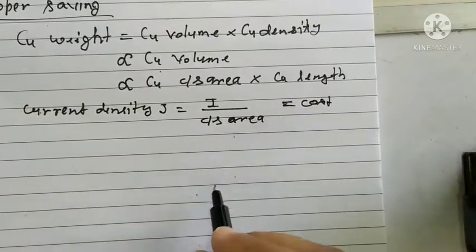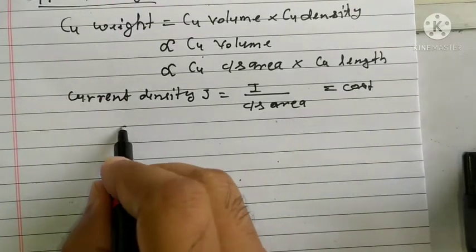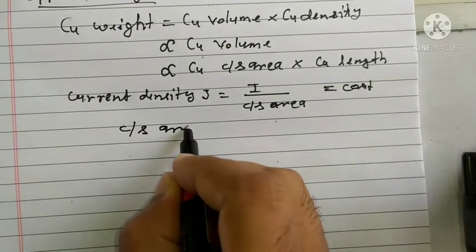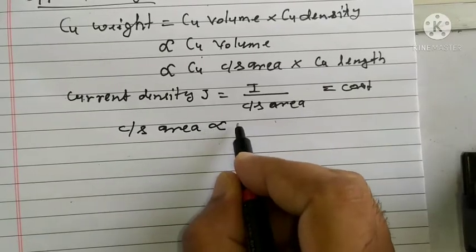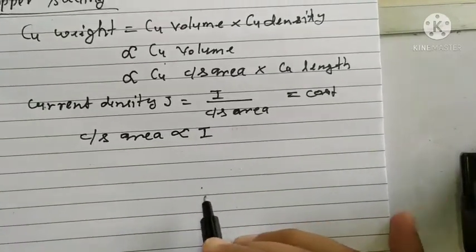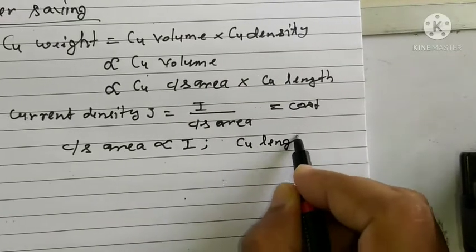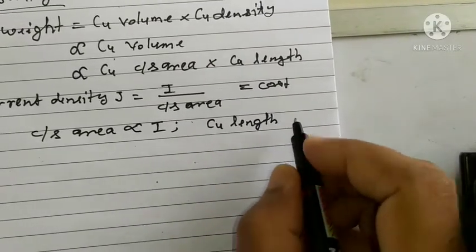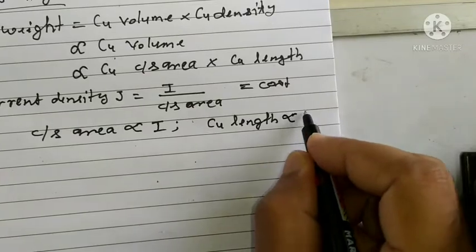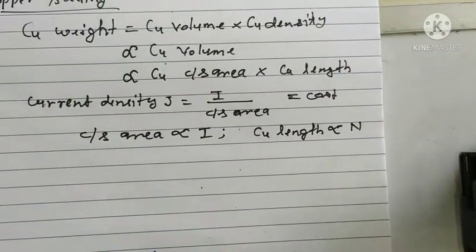Constant. Therefore I can write cross sectional area is directly proportional to current, and copper length will be decided by number of turns, so it is dependent on number of turns.